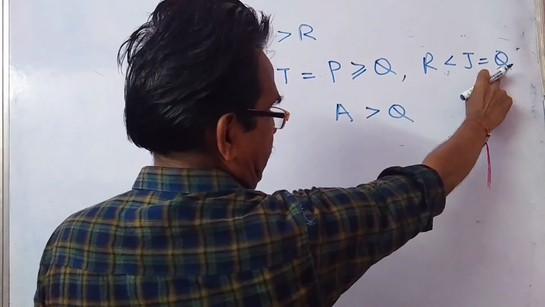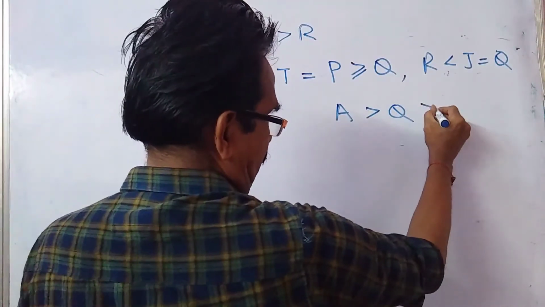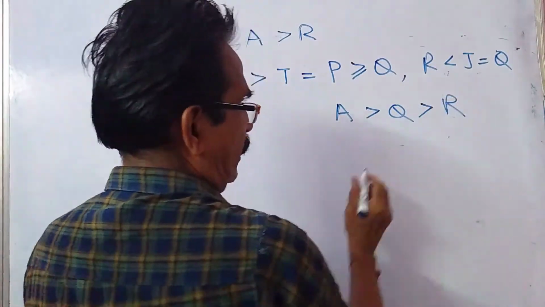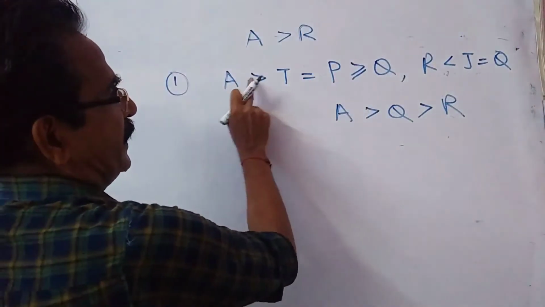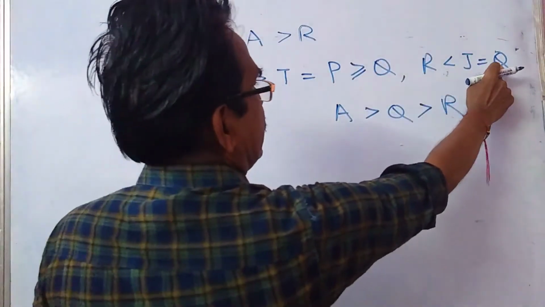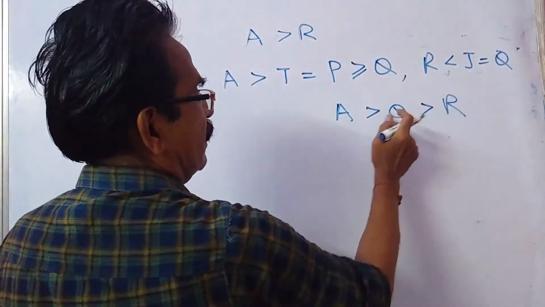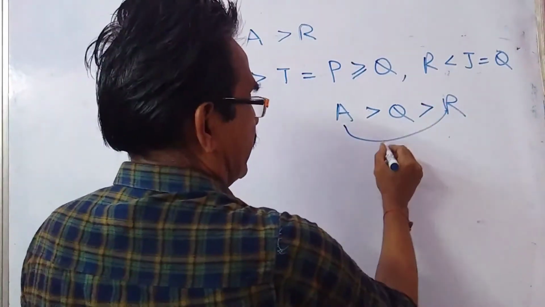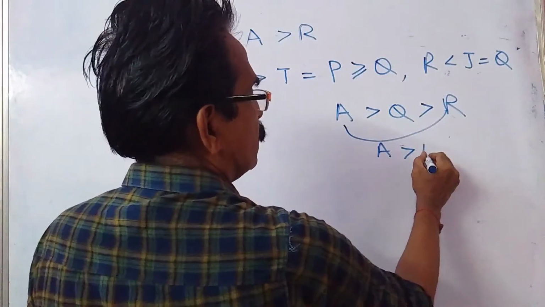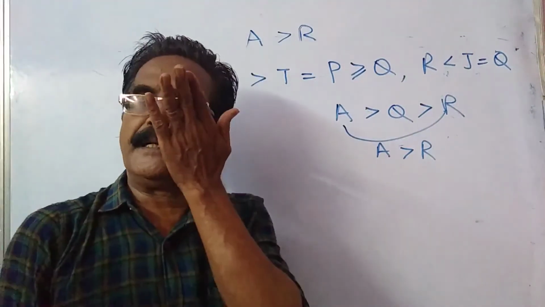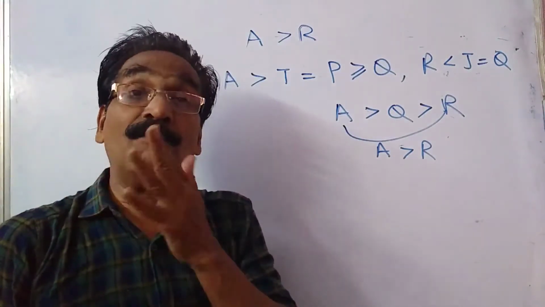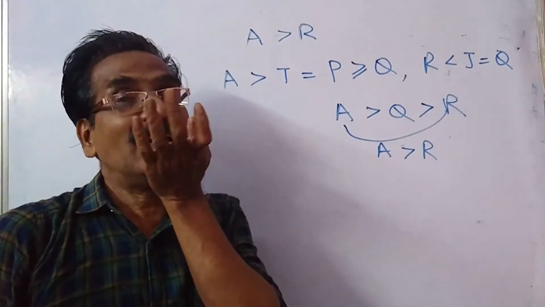From the first statement, A greater than Q. From the second statement, Q greater than R. So A greater than R. So in the first option, A greater than R follows. A greater than R is true.